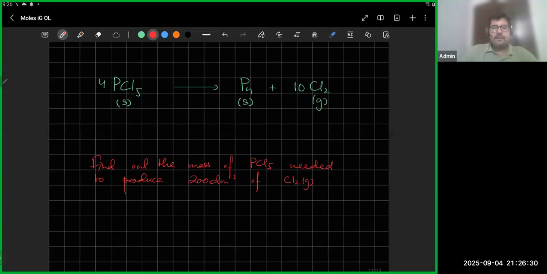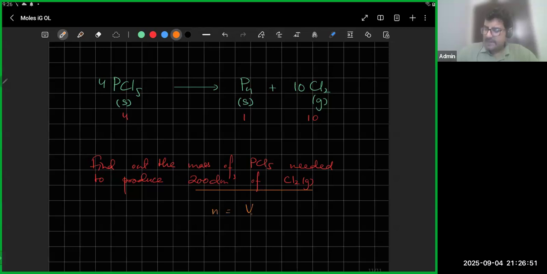So that's the question. Now, again, the equation is given, the ratio is given. What's the ratio? It's 4 ratio 1 ratio 10. And now you need to know the moles of one thing in the equation, and that one thing is Cl2, right? It's a gas.